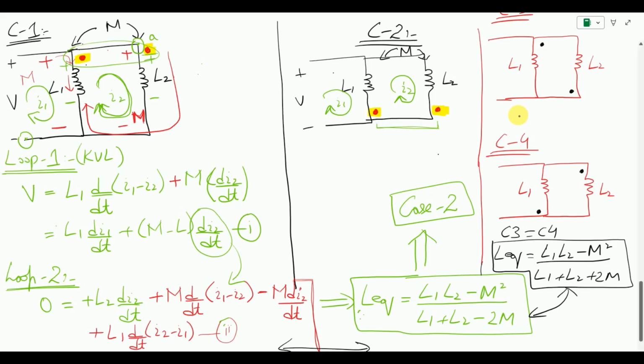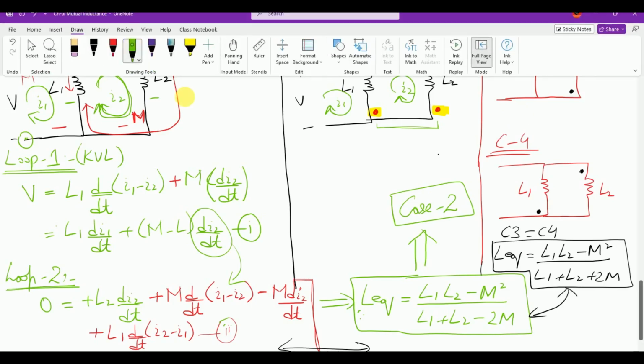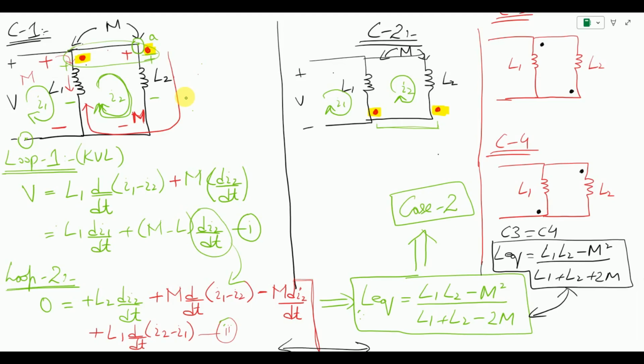For your ease, I can even write the values for the inductances. That can be, let's say for case number 2, here we are going to have M di2 by dt, and here the M value is going to be d(i1 minus i2) by dt, because we are passing the current through L1. Similarly, for case number 3, the value of M is equal to di2 by dt, the effect of L2 and L1, and here the effect will be d by dt of (I1 minus I2).